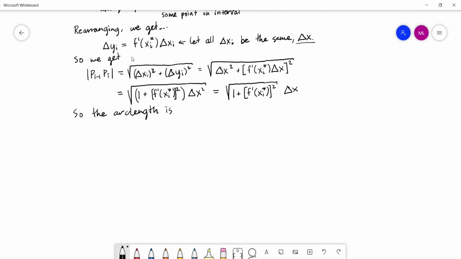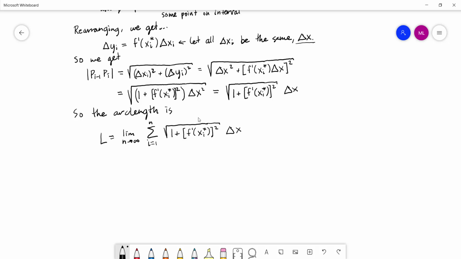So the arc length is L equals the limit as n goes to infinity of the sum from i equals 1 to n of all of the p sub i minus 1 p sub i lengths, which we now have written like this. So I'm going to rewrite it with that square root here.